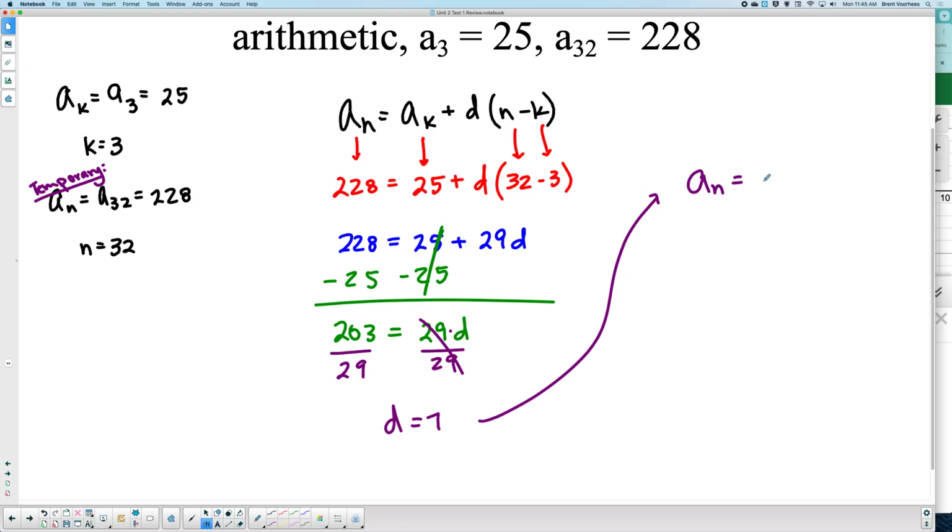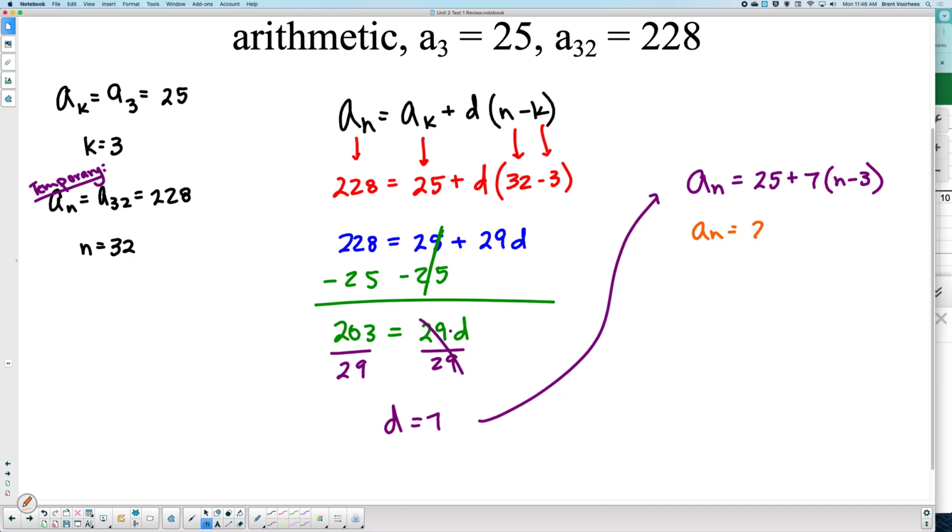So it'd be an equals, what did we say ak was? 25 plus, what's our common difference? 7 times n minus 3. You could leave it like that. You could actually simplify if you wanted to. I'm kind of doing extra now. What could I do with this 7 in the parentheses?